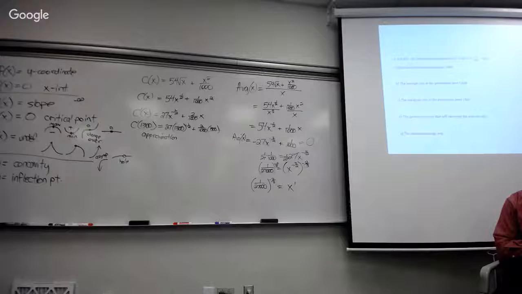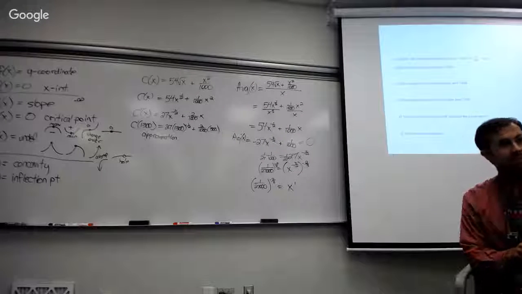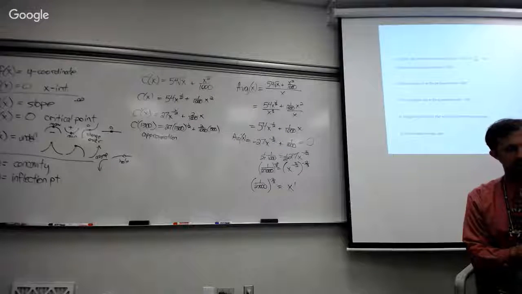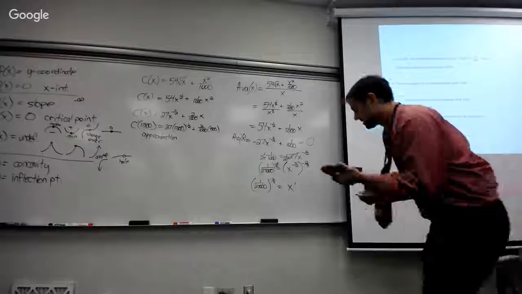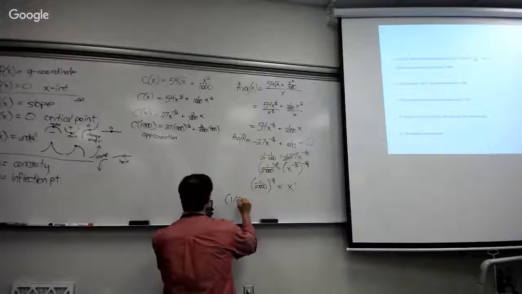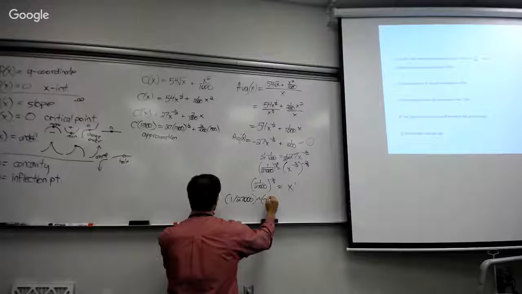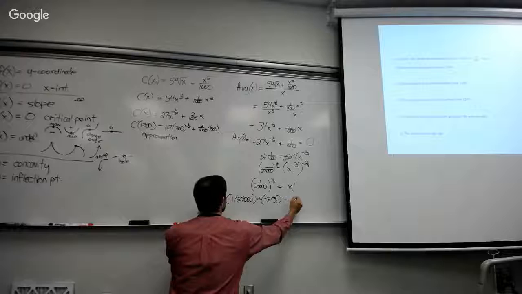I'm not going to write it down until I hear somebody say it. Your calculator should be able to do this, and I would use a lot of parentheses, folks. You would type in parenthesis 1 divided by 27,000, parenthesis, caret, parenthesis, negative 2/3. What did you get?